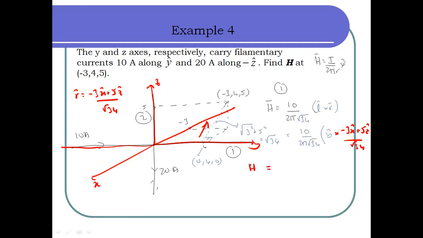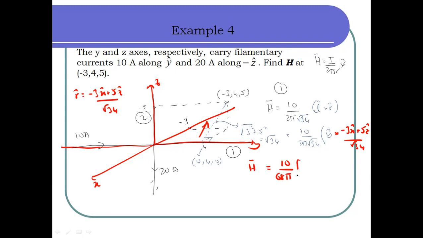We can rework this. The H field shall be equal to 10 over 2 times 34, which gives us 68 pi, because square root of 34 and square root of 34 make 34, and 34 times 2 is 68 pi.